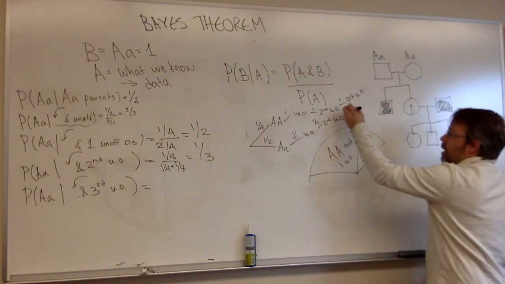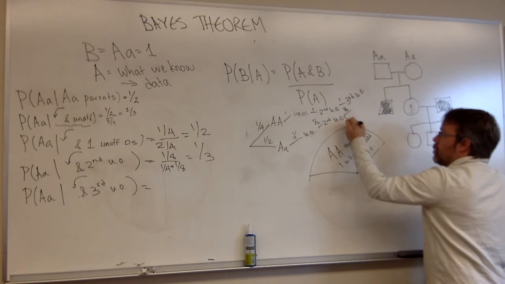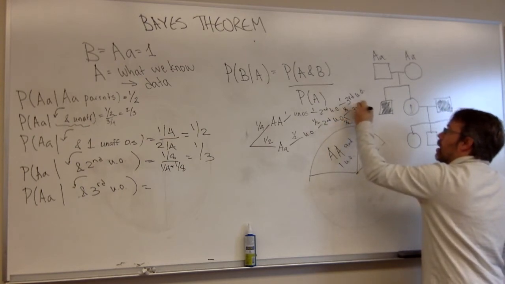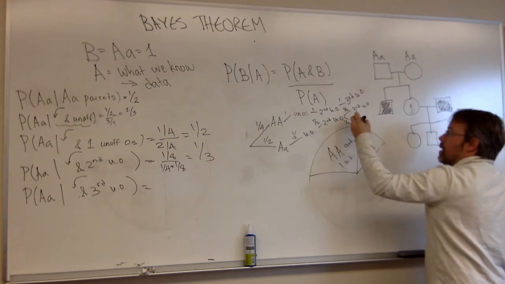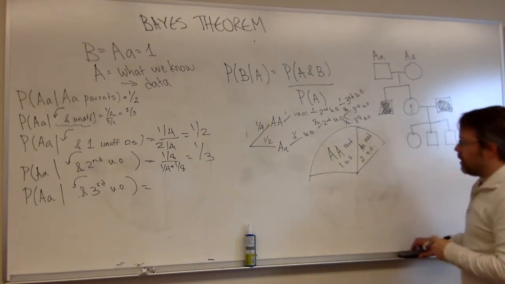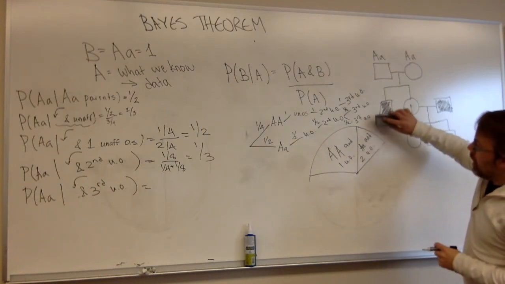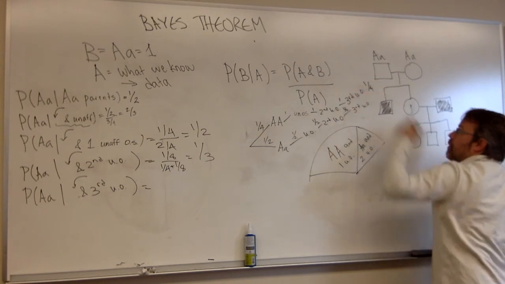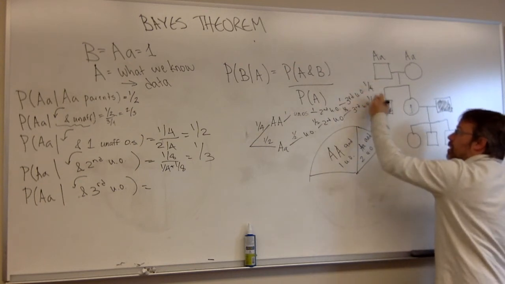And this one again forks into two possibilities: a third unaffected offspring and a third affected offspring. Once again we can get rid of the bottom path, and we get 1/4 for this path and 1/16 for this path.